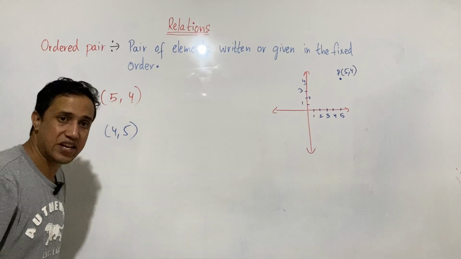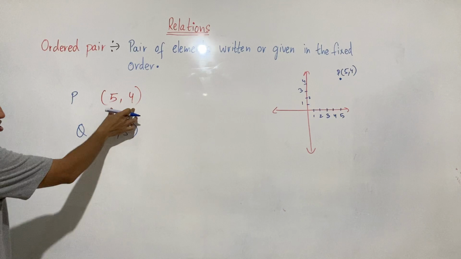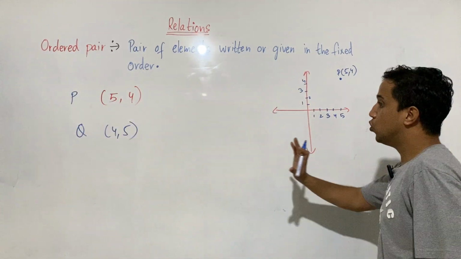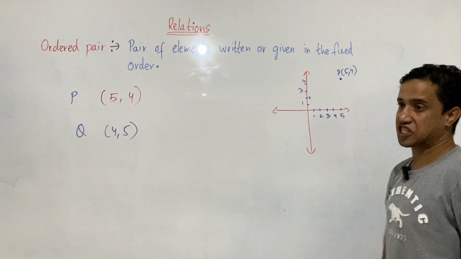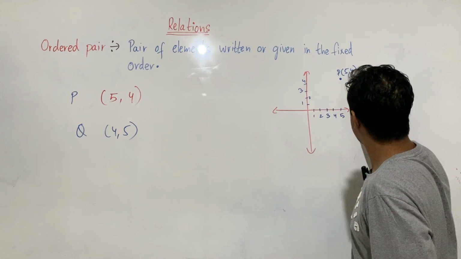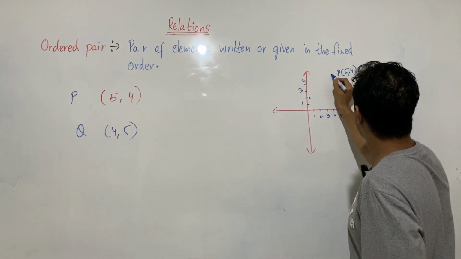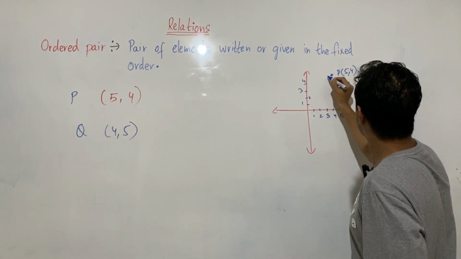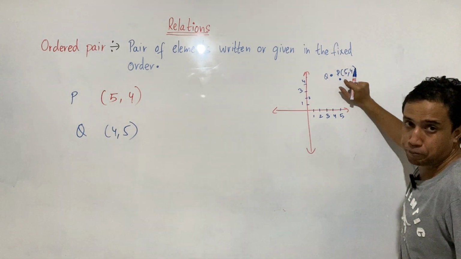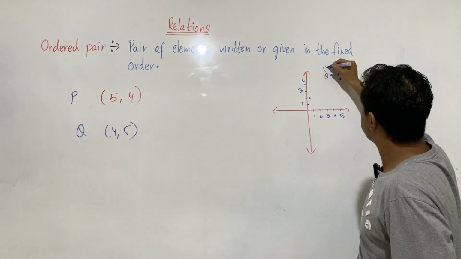What I'm trying to say is that P and Q are not the same, because for Q I have changed the order. To locate Q on this xy plane, I have 4 here and 5 here, so it is going to be somewhere here. This is Q. You can see these are two different points: P has coordinates 5, 4 and Q has coordinates 4, 5.